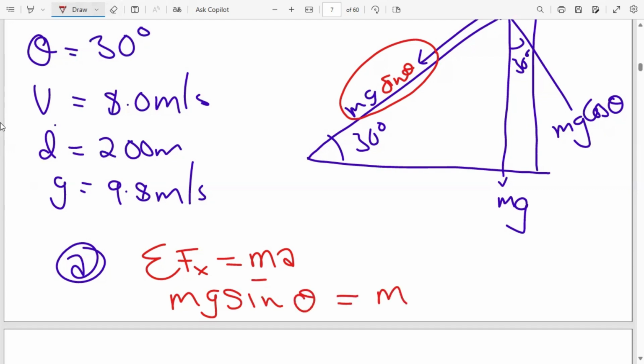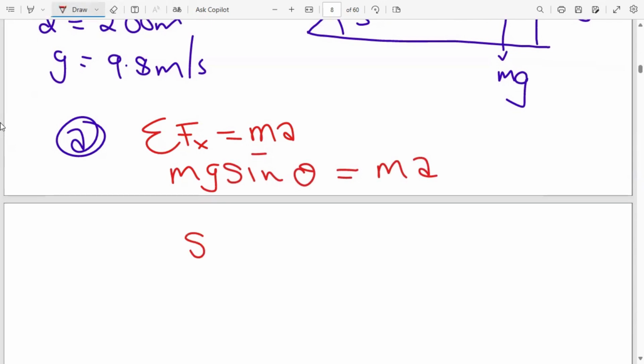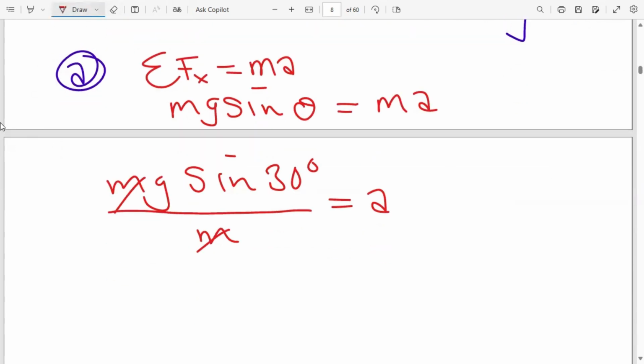So mg sine theta equals mass multiplied by acceleration. Mass and mass cancel out, so the acceleration of the box is equal to g sine 30 degrees.